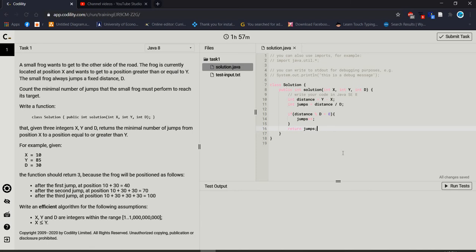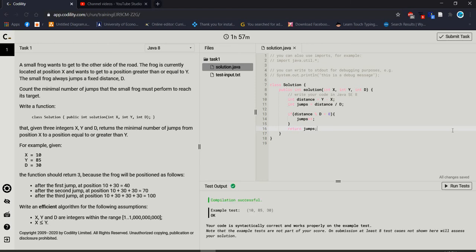This is one solution. Now we have to check whether it is working or not. Yes, it worked perfectly. This is quite a descriptive solution. There is another, one-line solution, but I prefer this one because all the steps are clear. Let's recap what we did. X is the present position, Y is the total destination, and D is the fixed jump distance.